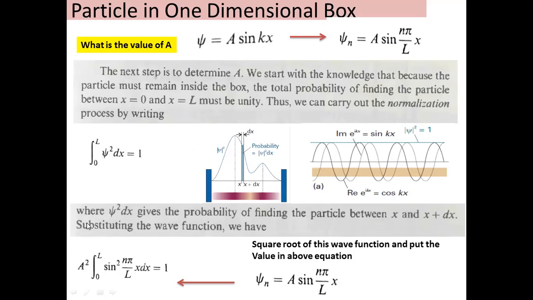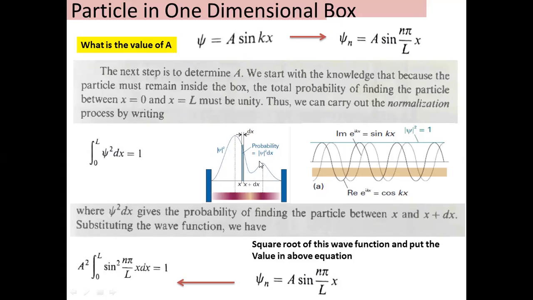So what is the next step? Psi square dx gives the probability of finding the particle between x and x plus dx. So this is the diagram in which it is shown where the probability of finding the particle is. This is the maximum probability, as indicated over here, and it is also shown with the dark color over here.